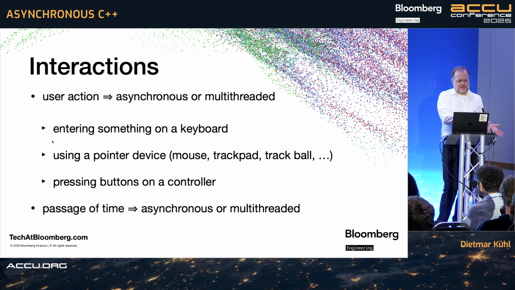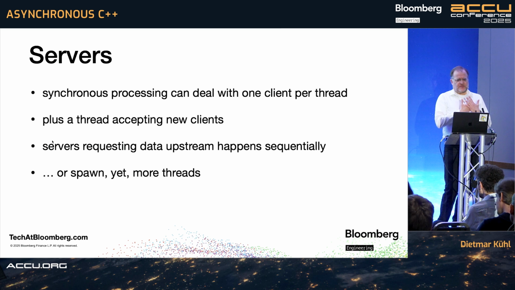The other alternative is multiple threads, but having multiple threads just so that you can deal with a little bit of user interaction while you display something doesn't make much sense. In a very similar sense, with servers, which is more the area where I work, a server can synchronously process one client: it gets a request, processes the client, and carries on.